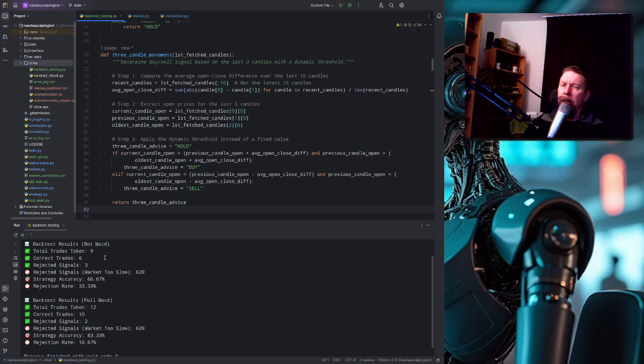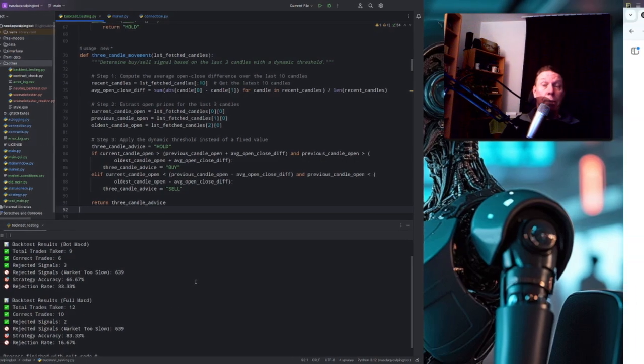Strange. Correct trades 6, rejected signals 3. Market too slow. And the accuracy is total trades 12, correct trades 10, rejected 2, with a strategy accuracy of 83. Okay, be back soon.